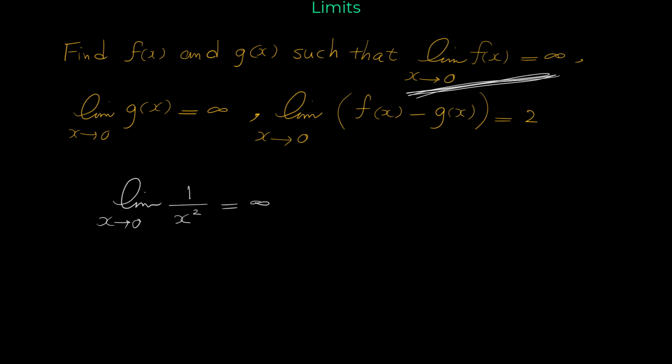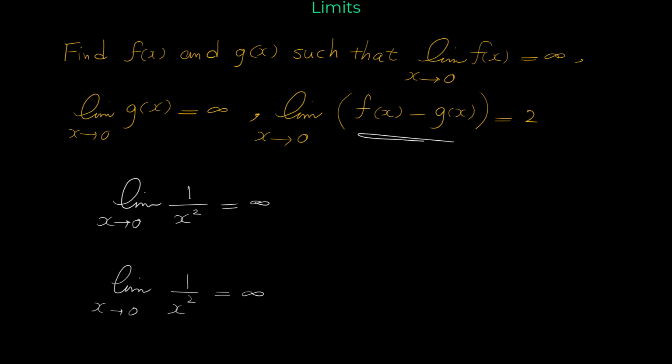But also attention, limit of g of x when x approaches 0 is also infinity. So we look for a function g such that the limit of that function when x approaches 0 is infinity. Also we can choose g of x as 1 over x to the 2. The limit of that is infinity. But there is a problem here.